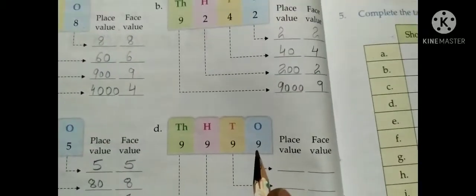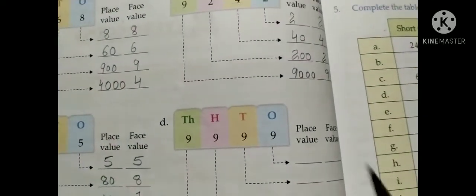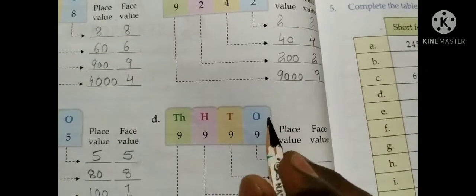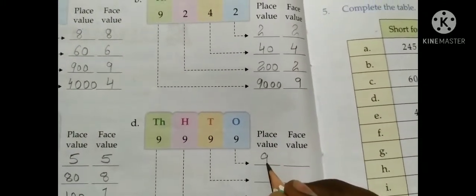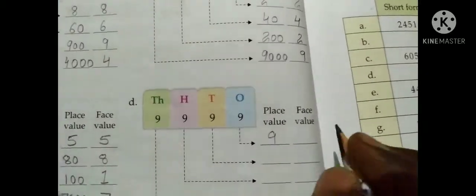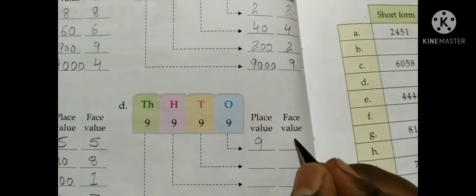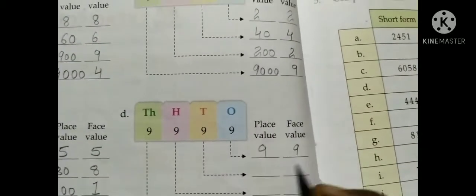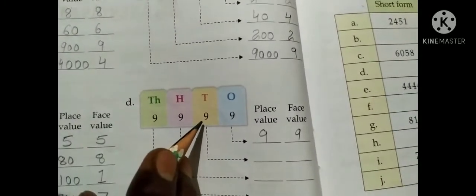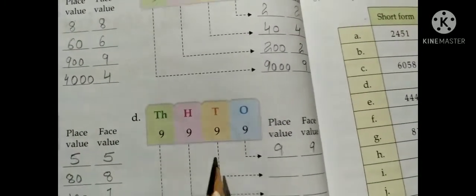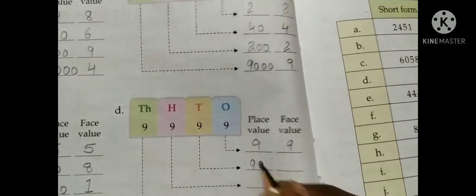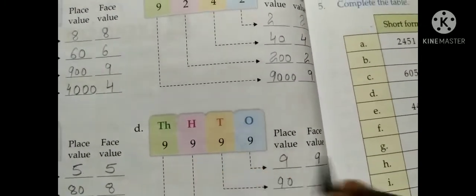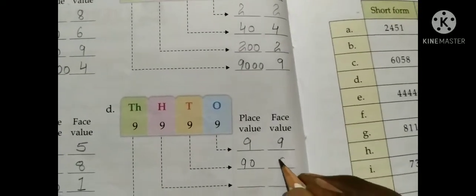Then comes D part. First of all check the place value of 9, which is on ones place. The place value will be 9 and the face value will also be 9. Then 9 is on tens place, multiply 9 with 10, it will become 90, but the face value will be 9 only.